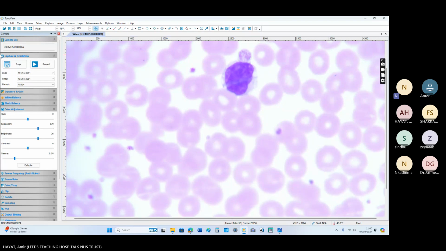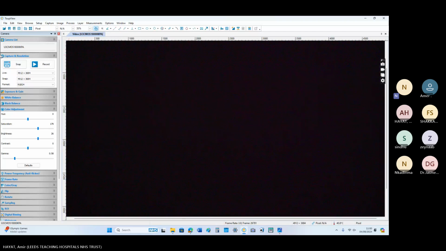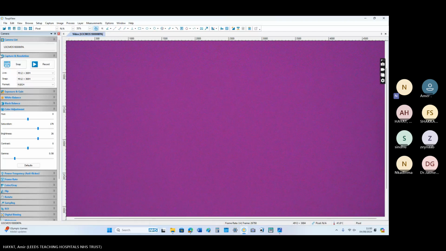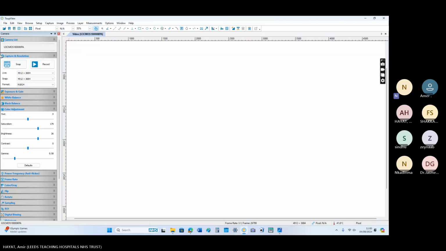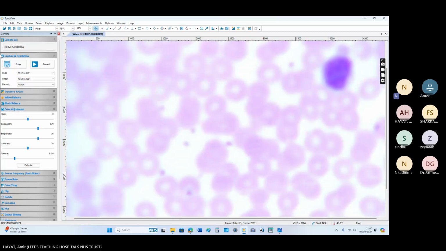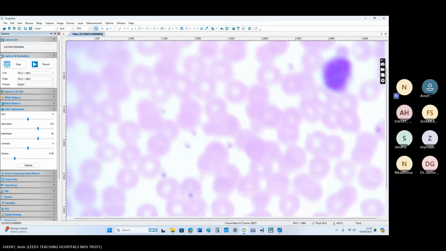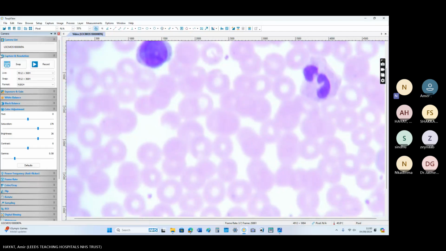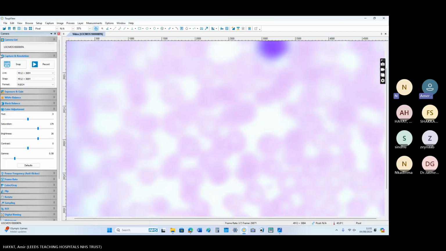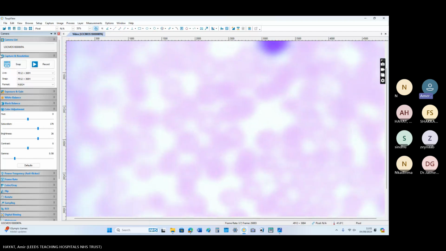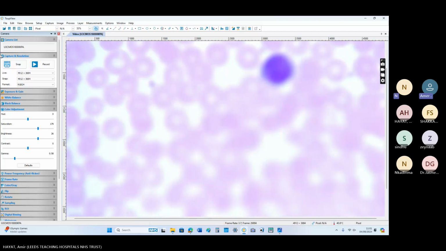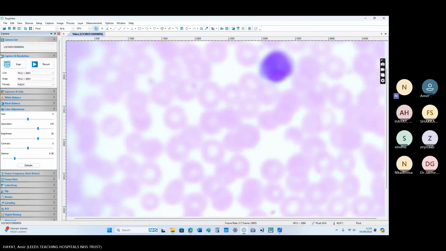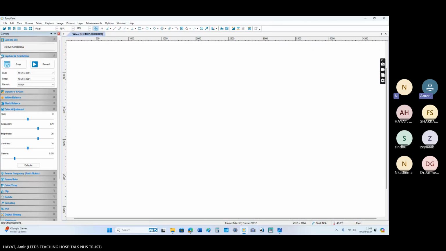It's a large size cell with irregular nuclear contour, low NC ratio, and the nuclear chromatin is condensed. Right. So the history and these cells. Any thoughts? Some T lymphoproliferative disorder.